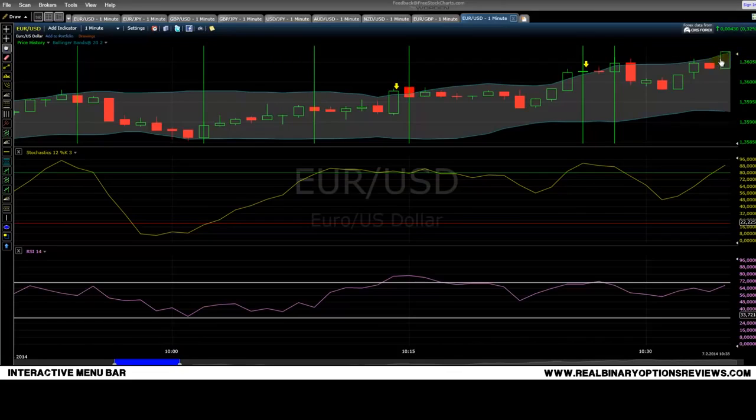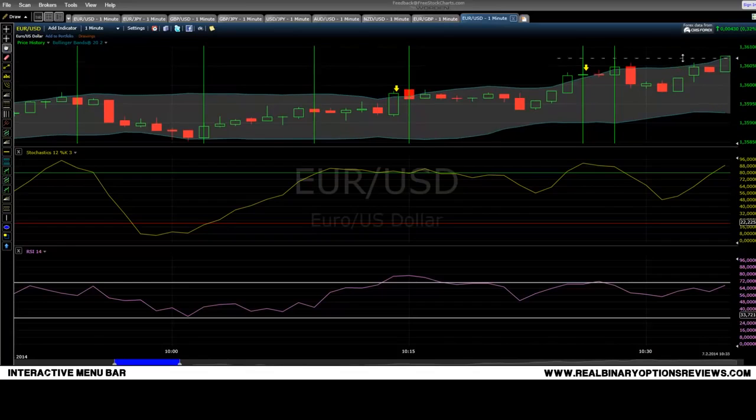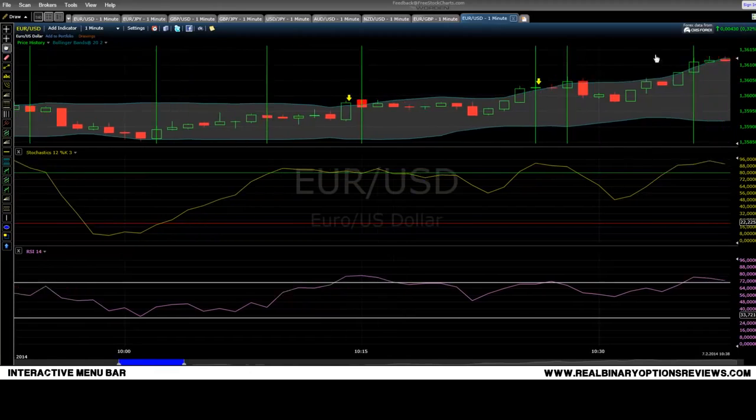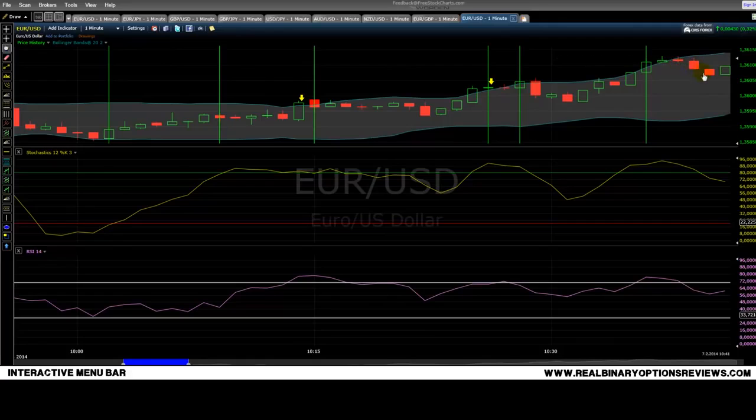Let's say this could be a closure. In this case, the green candle didn't close quite above the Bollinger Band, but let's say I could use this also as a potential entry position. At this closure, I would enter down with 5-minute expiry. So let us see, 1, 2, 3, 4, 5. This would also be a winning trade.